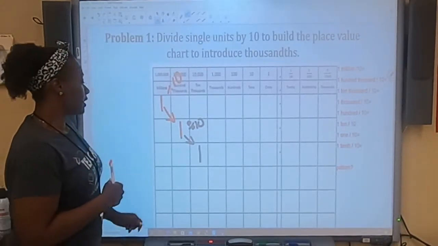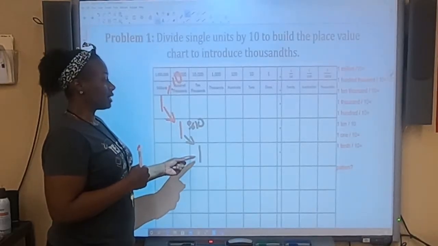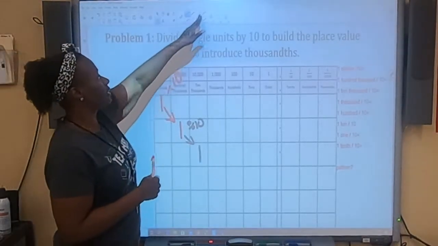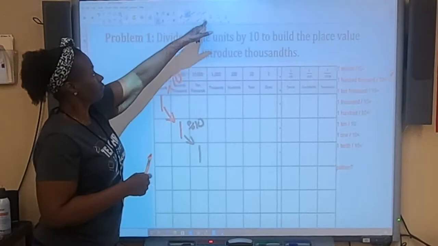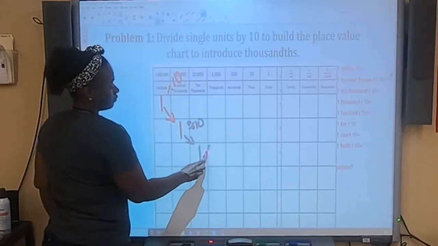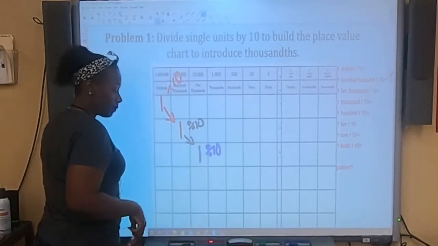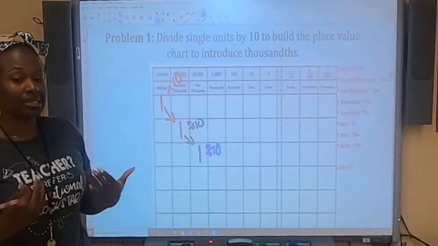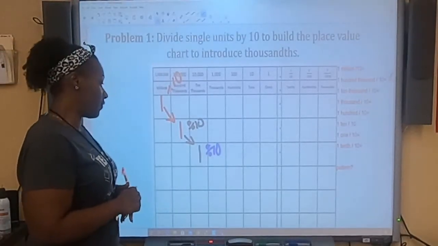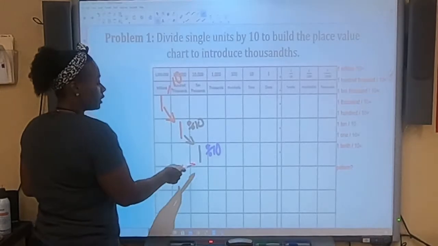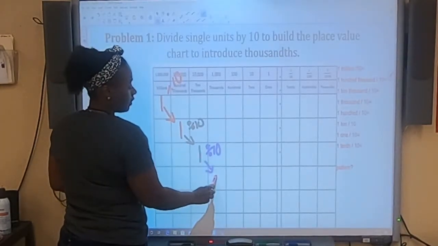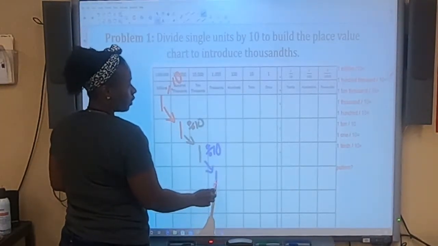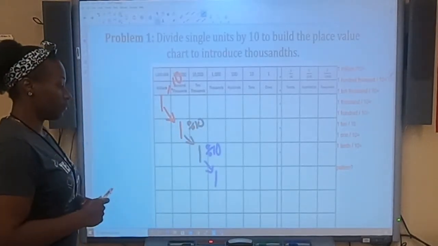Now, I'm going to take that 1 in the 10,000s place and divide it by 10. And remember our pattern, whenever we divide by 10, we shift to the right on the place value chart. So my 1 is going to shift, and now I have the 1 in the thousands place.